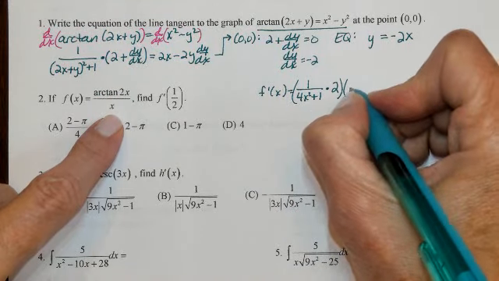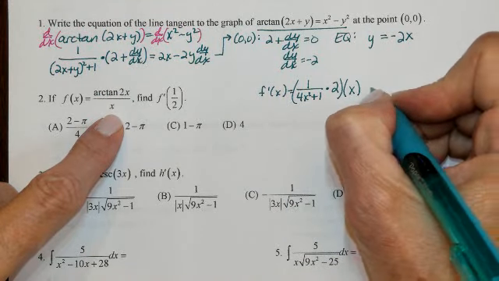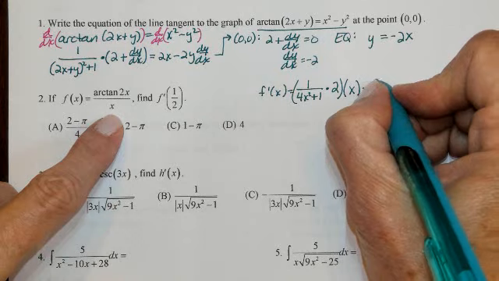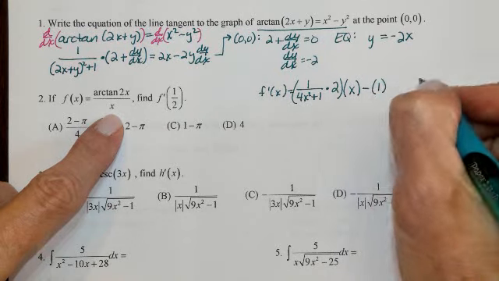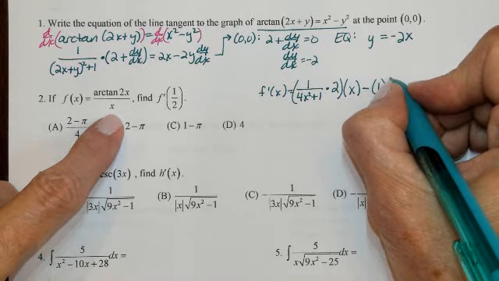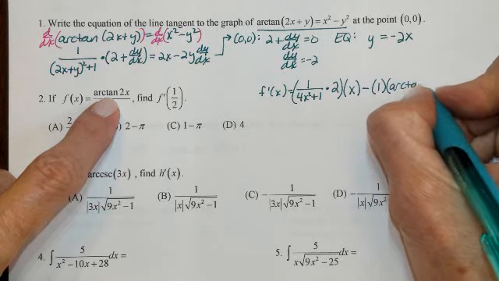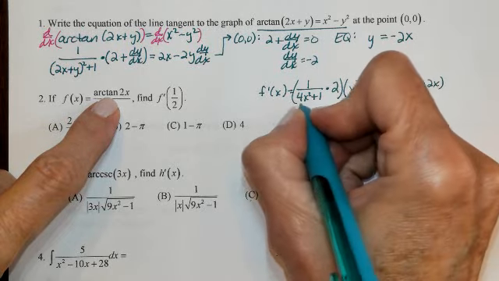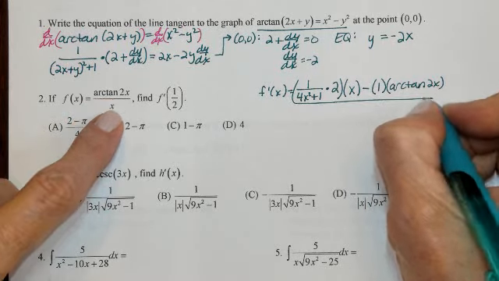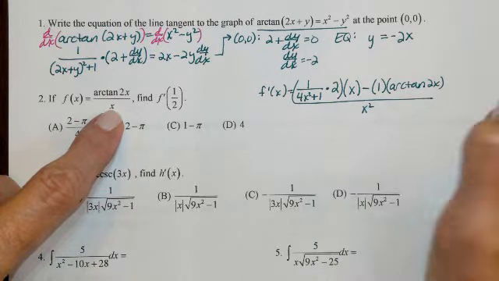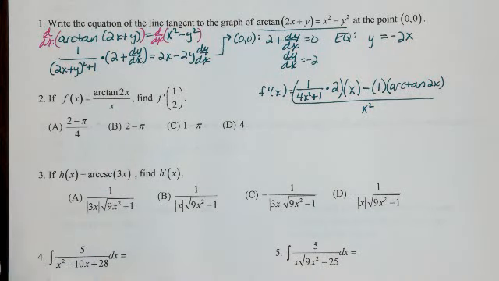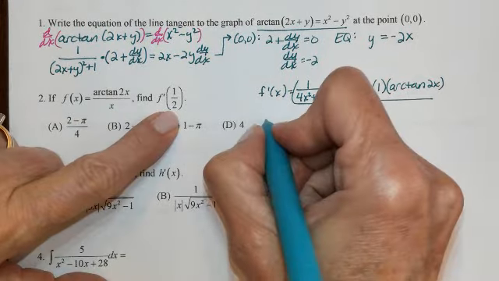For the quotient rule, we multiply by the denominator minus, now the derivative of the denominator, which is just 1, times leave arctan alone. All divided by the denominator squared. So that is f prime. Now we just need to find f prime at 1/2.